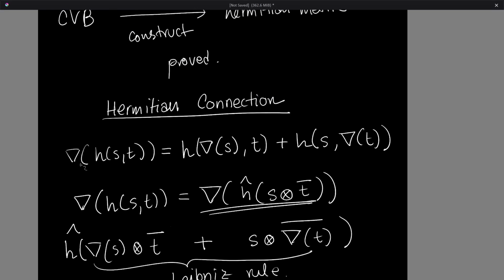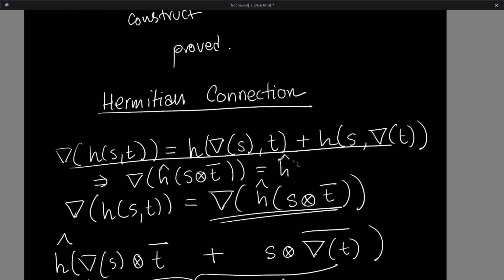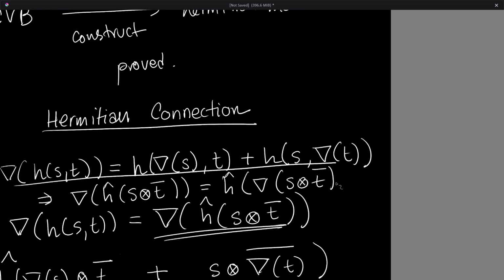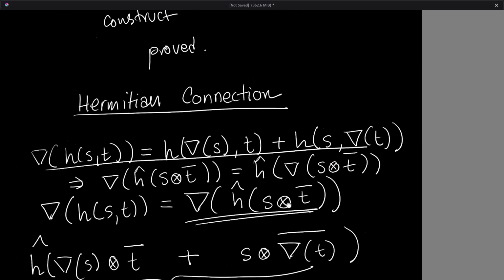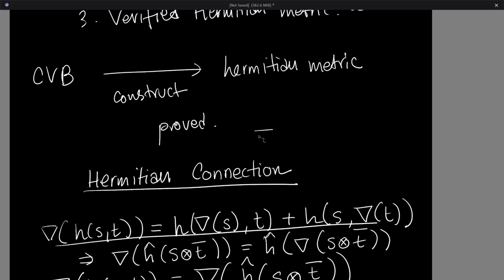So actually what this condition is saying is this. Nabla of h hat of s times t bar is equal to h hat of nabla of s times t bar, which is exactly what we expected from a connection being compatible with our Hermitian metric, right? So what we're saying is that nabla and h hat commute, which is equivalent to saying that nabla and h commute.